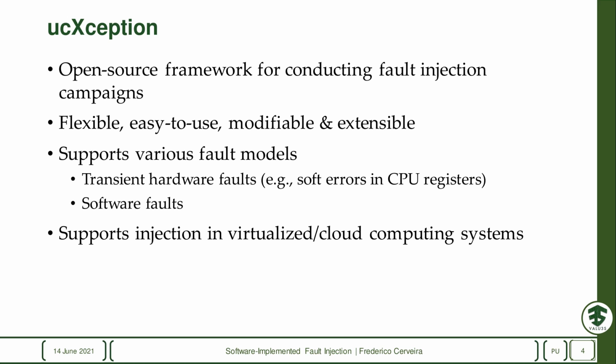UC exception was developed at Universidade de Coimbra, supports 2 fault models out of the box, one fault model that emulates transient hardware faults in CPU registers, and another fault model that emulates software faults in C code. UC exception is tailored to be used in virtualized and cloud computing systems.